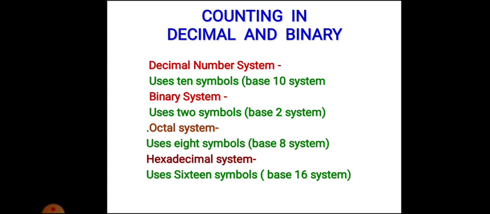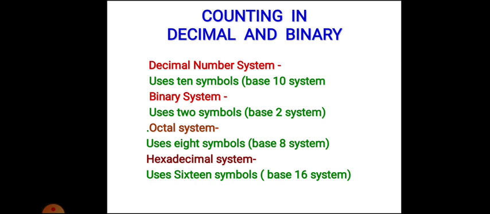So first one, decimal number system. The number system which uses 0 to 9 as digits, that means total 10 symbols, that is 0, 1, 2, 3, 4, 5, 6, 7, 8, 9.